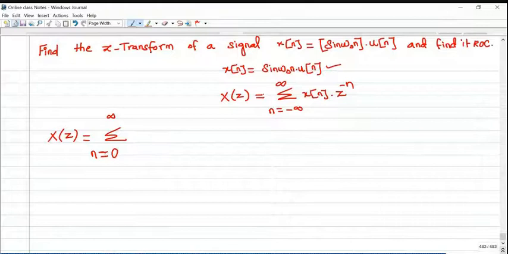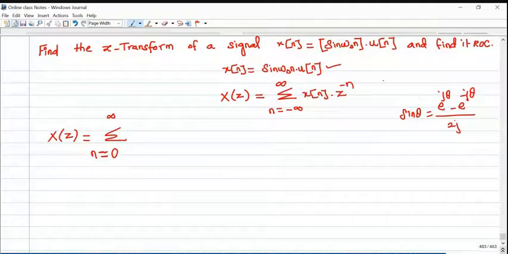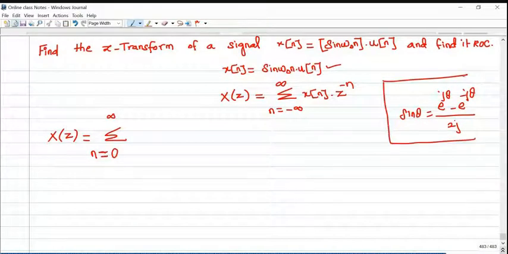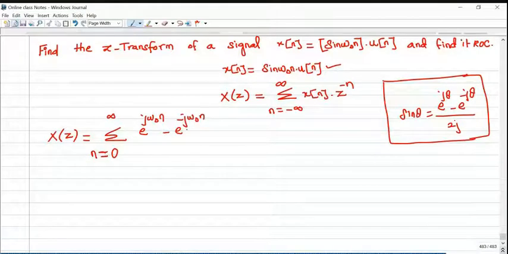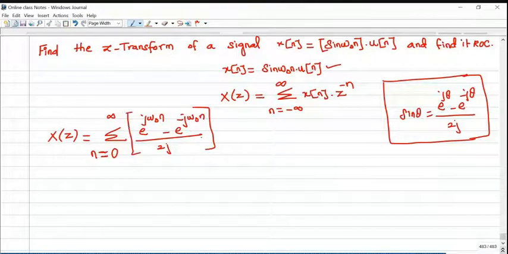X of n equal to sin omega naught n. So sin omega naught n, I'm going to rewrite using sin theta equal to e power j theta minus e power minus j theta divided by 2j format. So write sin omega naught n as e power j omega naught n minus e power minus j omega naught n divided by 2j, into z power minus n.